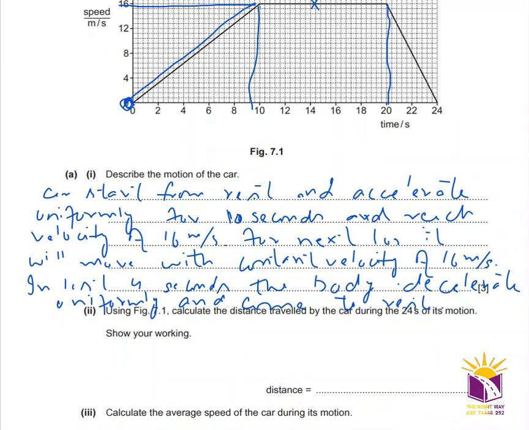Car starts from rest and accelerates uniformly for 10 seconds and reaches a velocity of 16 meters per second. For the next 10 seconds, it will move with constant velocity of 16 meters per second. In the last 4 seconds, the body decelerates uniformly and comes to rest.